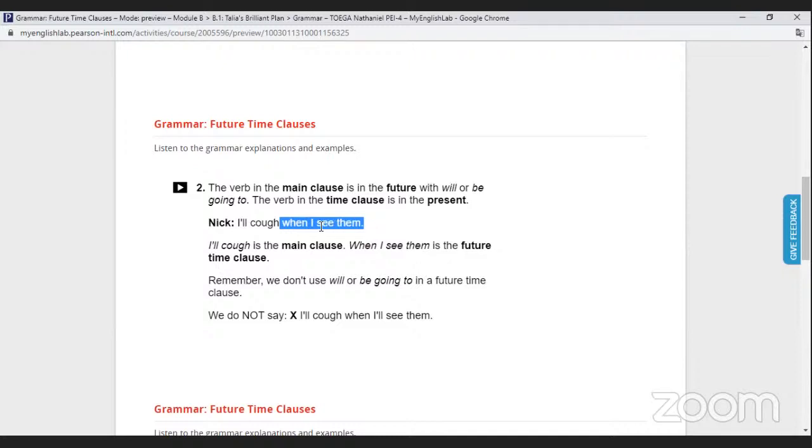But if, for example, we start with the future time clause and after we want to continue with the main clause, we're going to use a little comma and that's everything. Ah, okay. Only that punctuation that we can see. But if the main clause goes at the beginning and after the future clause, we don't use a comma. Yep, that was all.